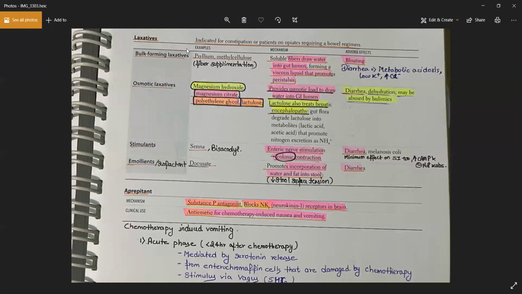In case of diarrhea, when you give the patient fiber supplements, it will increase the consistency of the stools, and if they increase the consistency of the stool, then it can decrease the diarrhea, right? That's why bulk forming laxatives are used both for diarrhea as well as for constipation. Very important to note.